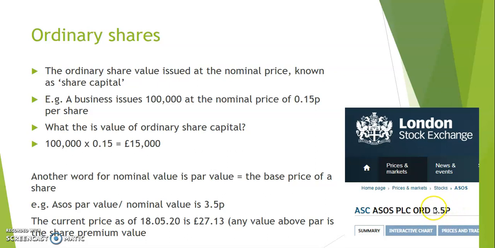That is the base price for the share. They obviously are being sold at much higher. The difference between the two, anything above base price, is known as a premium value, which is the next type of share. What happens if you sell a share above the base price? That is known as a premium value share.